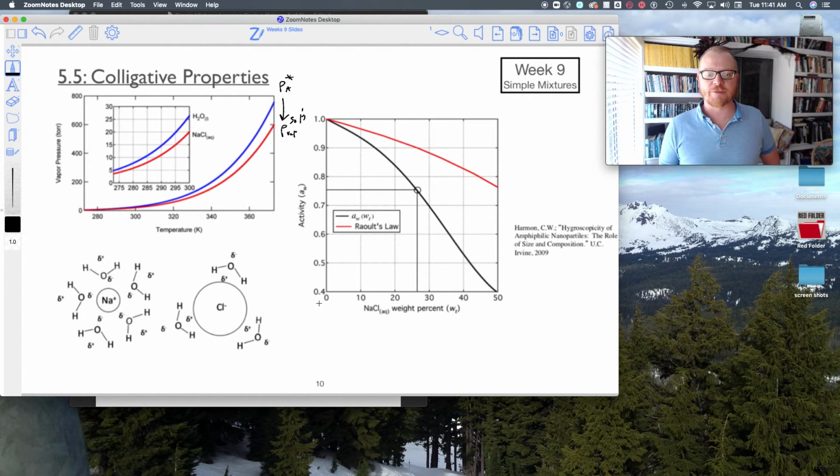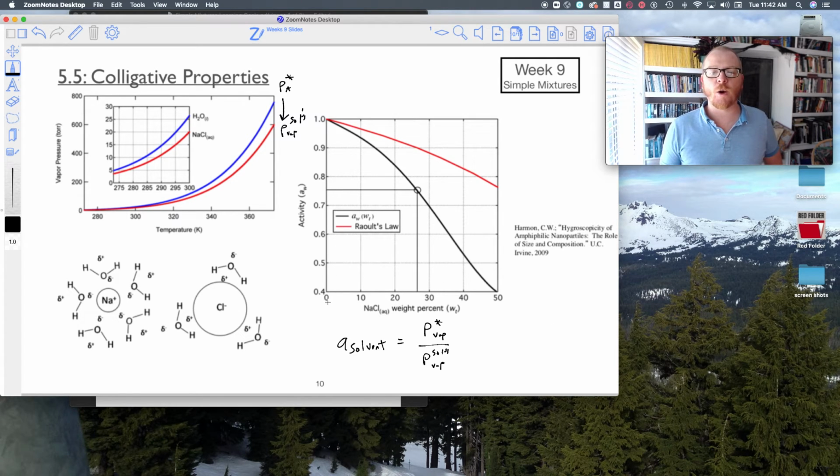So what is this activity business? We're going to talk about activity soon in the coming lectures. So solvent activity, I'll write A, solvent, and you can see in this case I wrote AW for water. Solvent activity is the vapor pressure of the solution divided by the vapor pressure of the pure material, okay?